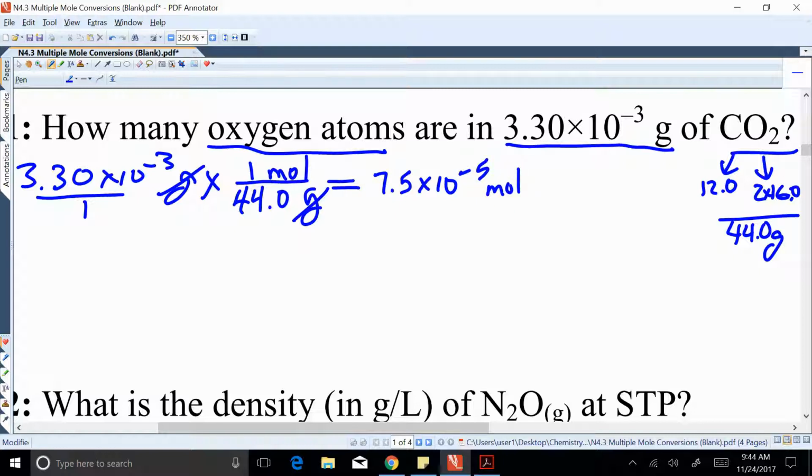We're not done yet because we want to go to atoms. We don't want moles, so we need to convert from moles to atoms. So 7.5 times 10 to the negative 5 moles.